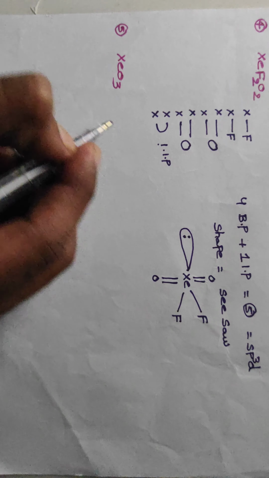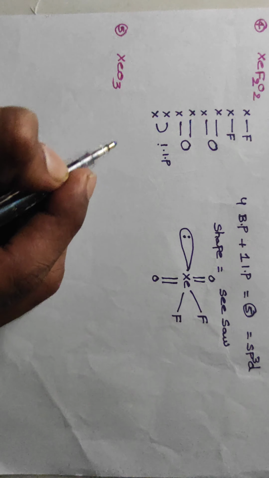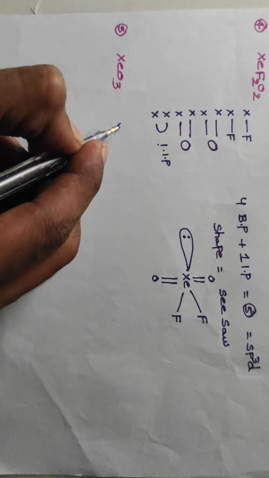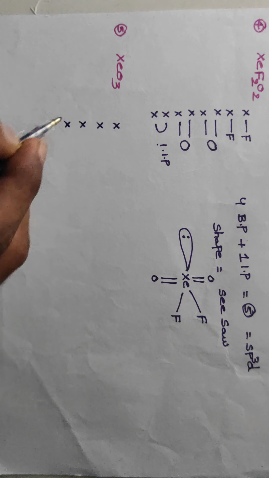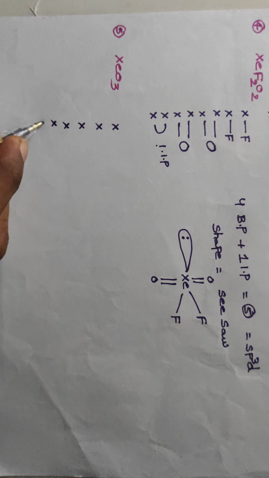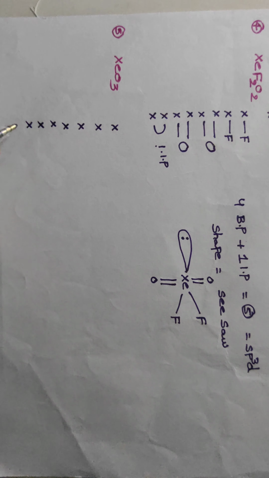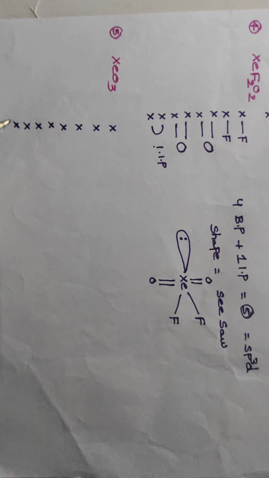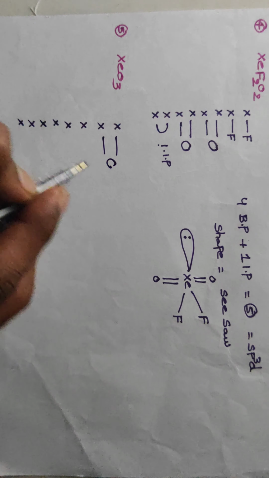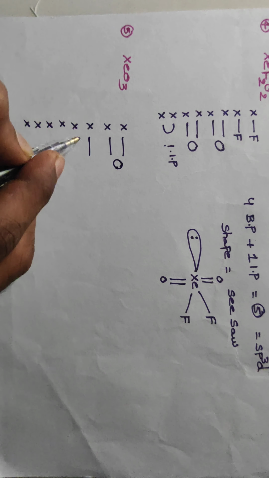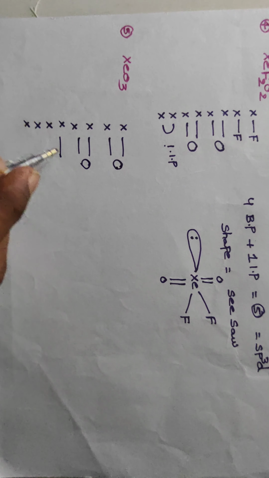The next molecule is XeO3. In XeO3, xenon is a group 8 element, so it has 8 electrons in its outermost shell. Oxygen is a bivalent atom.